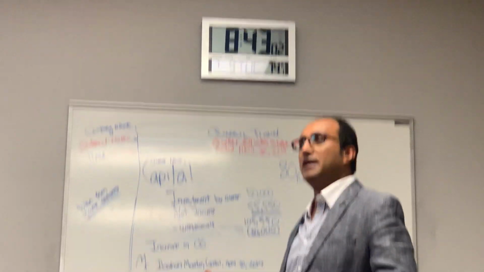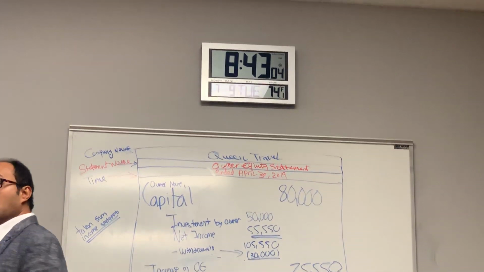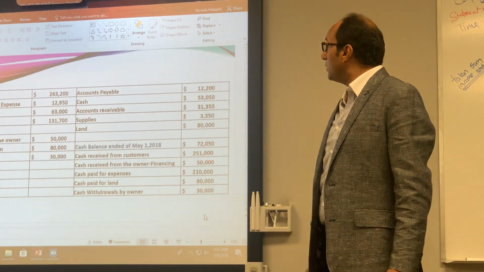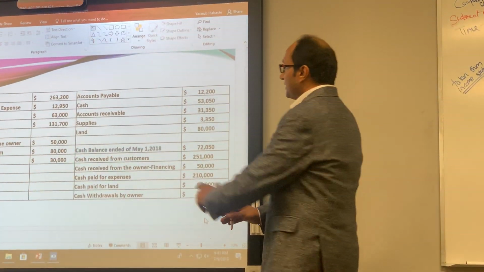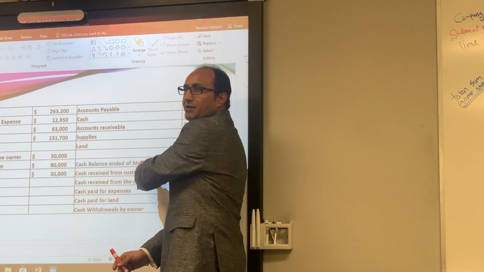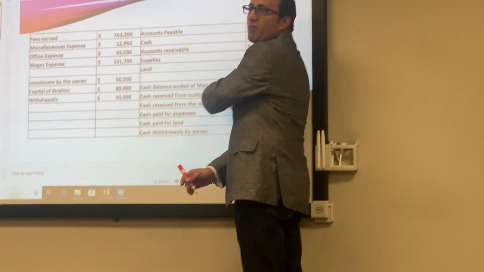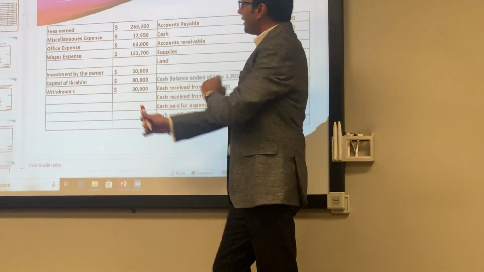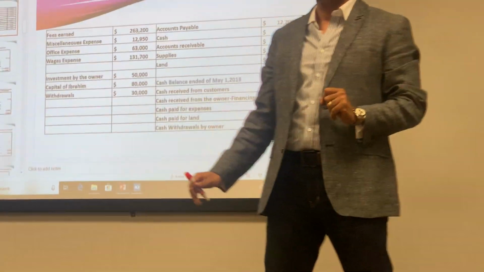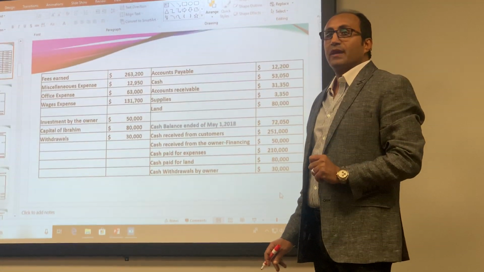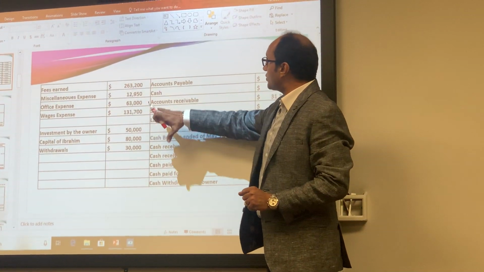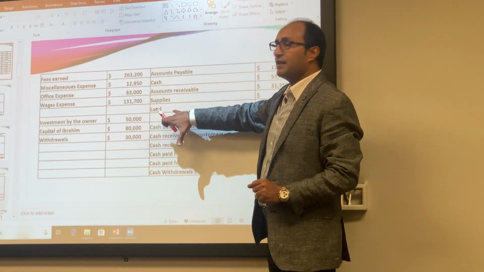Okay? Easy? So that's the owner's equity in that account, and then the cash, the supplies, the accounts receivable, and the land are all assets. Yes, all of these assets: cash, accounts receivable, supplies, land.